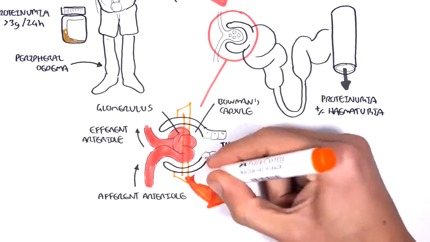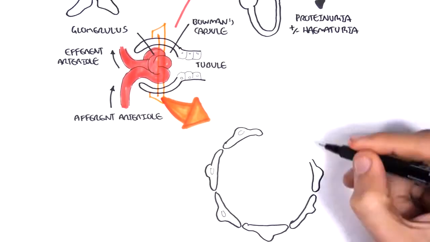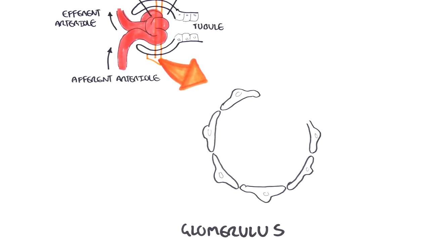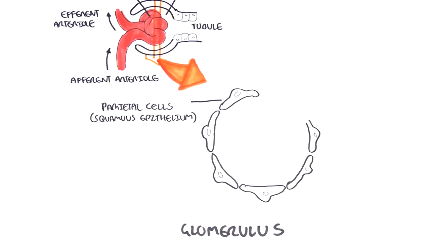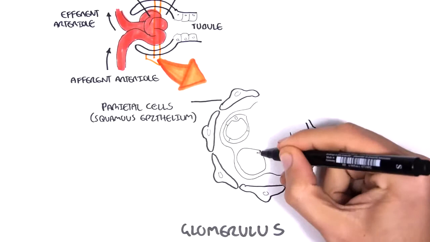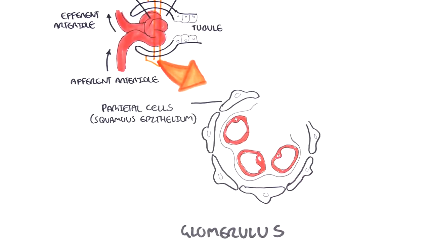To orientate ourselves, the head of the nephron itself is made up of special cells called parietal cells, and these are essentially squamous epithelial cells, which form the Bowman's capsule. In the Bowman's capsule is the glomerulus, the group of blood vessels that are all wound up together.